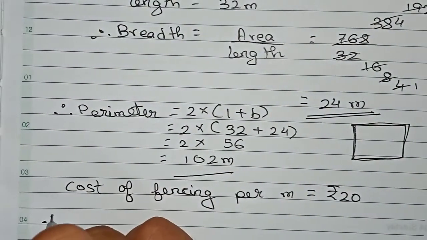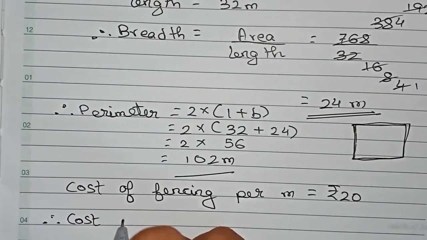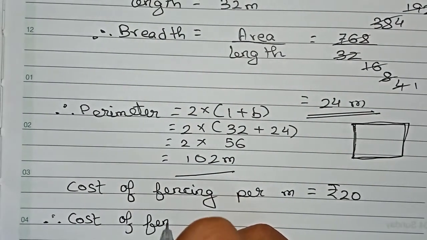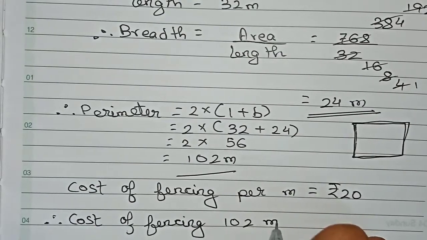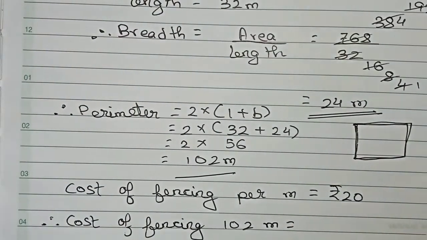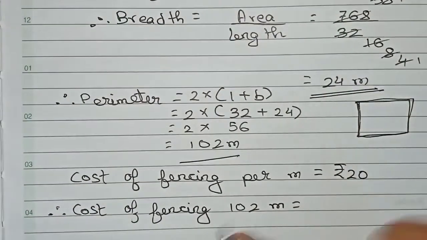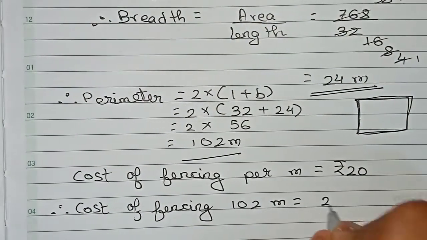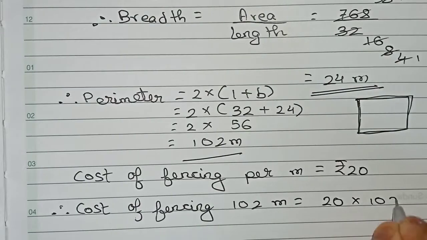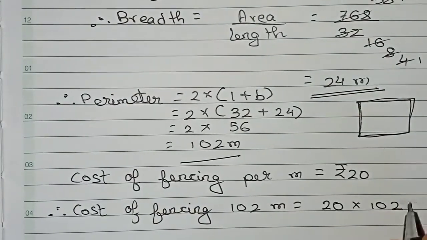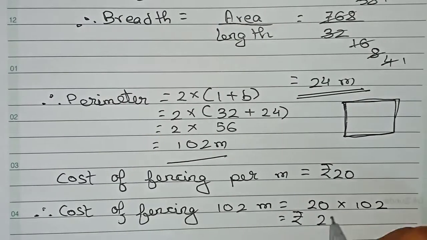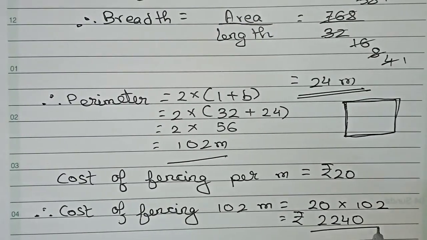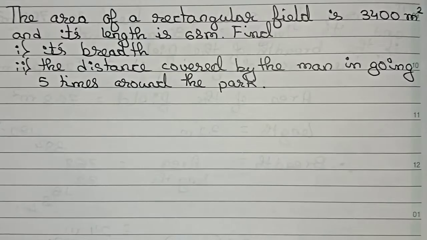So now I write that therefore the cost of fencing 102 meter equals, so cost of fencing per meter is 20. So now cost of fencing 102 meter will be 20 into 102, which is equals to rupees 2240. So this is the final answer for this question. So let's move on to our next question.